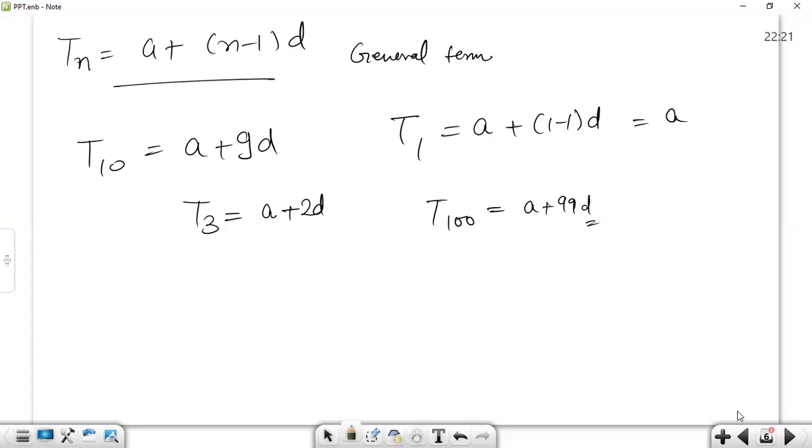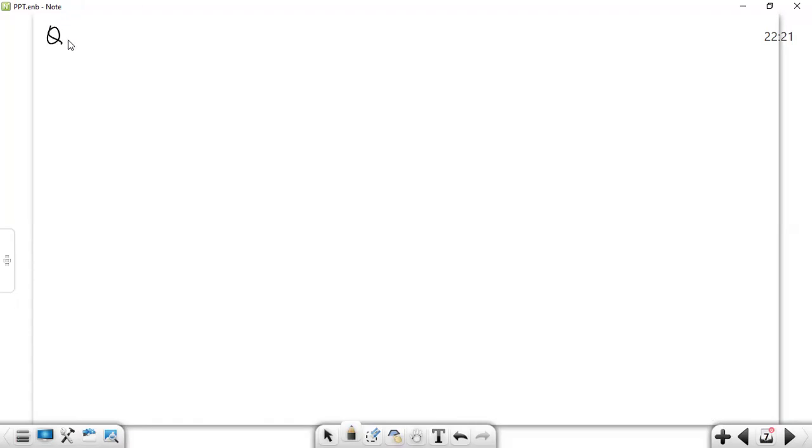Okay. So let's say there's a question. In an AP, the fourth term is 16. Okay.